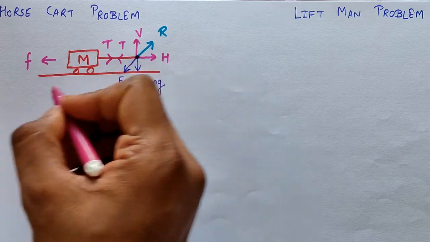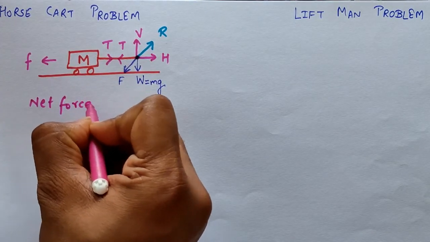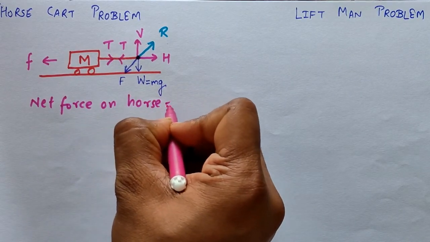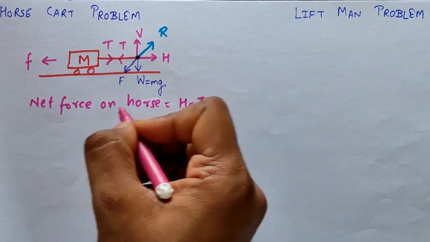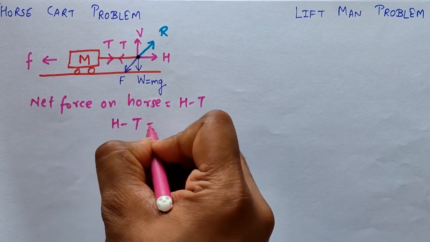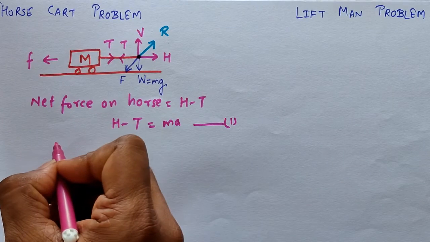So in that case, net force on horse will be equal to H minus T. And if the mass of horse is small m, then I can write it as H minus T equals small ma. I am taking this as equation 1.